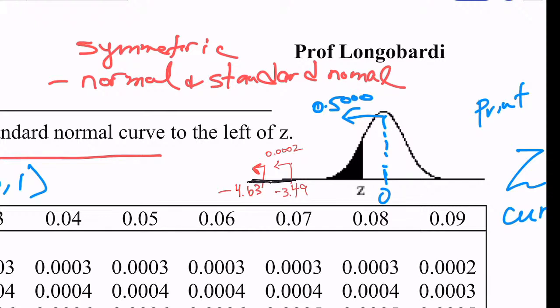Anything below 3.5 or negative 3.5 will be considered 0. It's so close to 0, we just say 0. There's nothing that far away in a normal distribution.